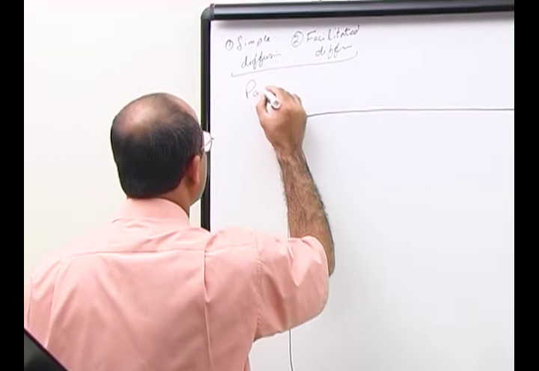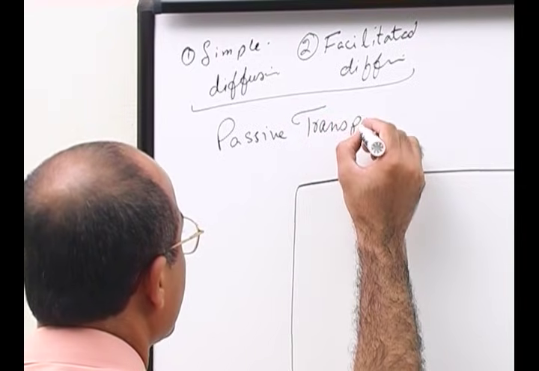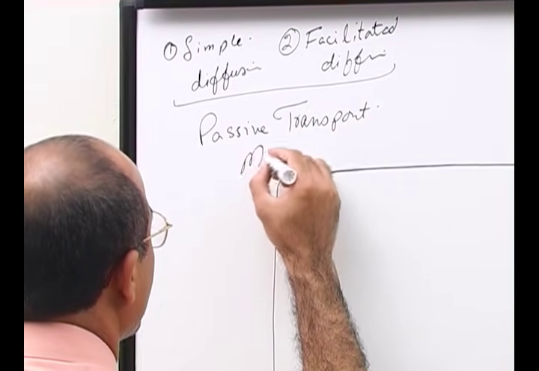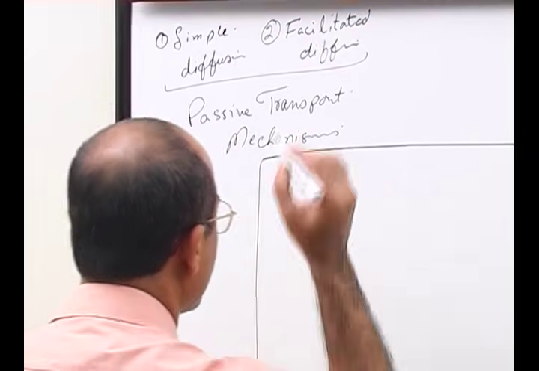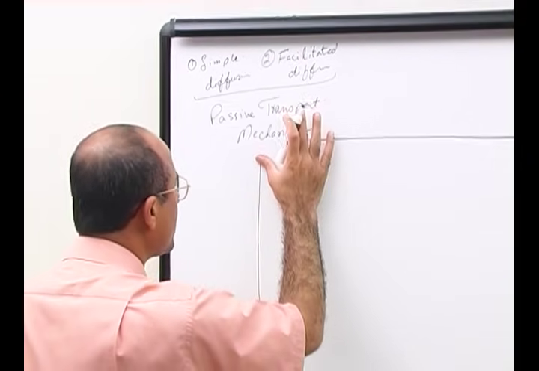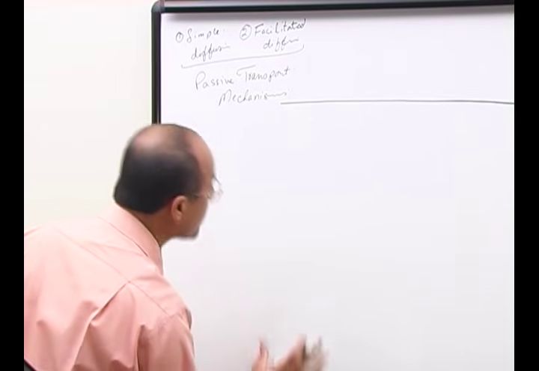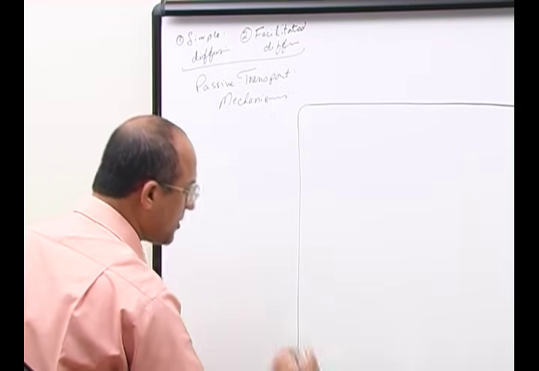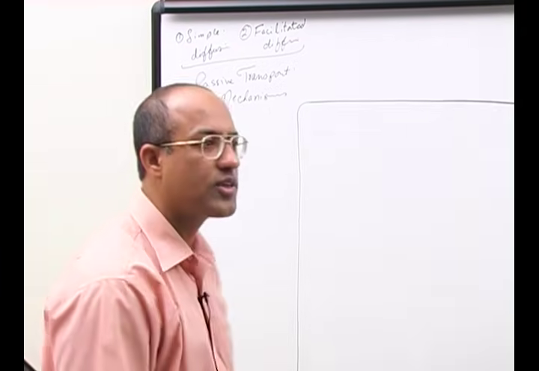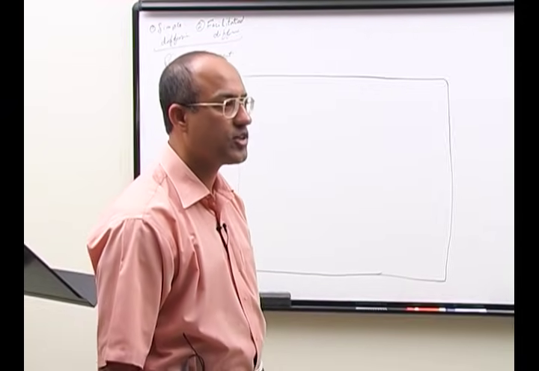Passive transport mechanisms. Do you have any question up to this? There is no question. Now we'll come to another type of transport across the cell membrane, in which we will utilize energy.